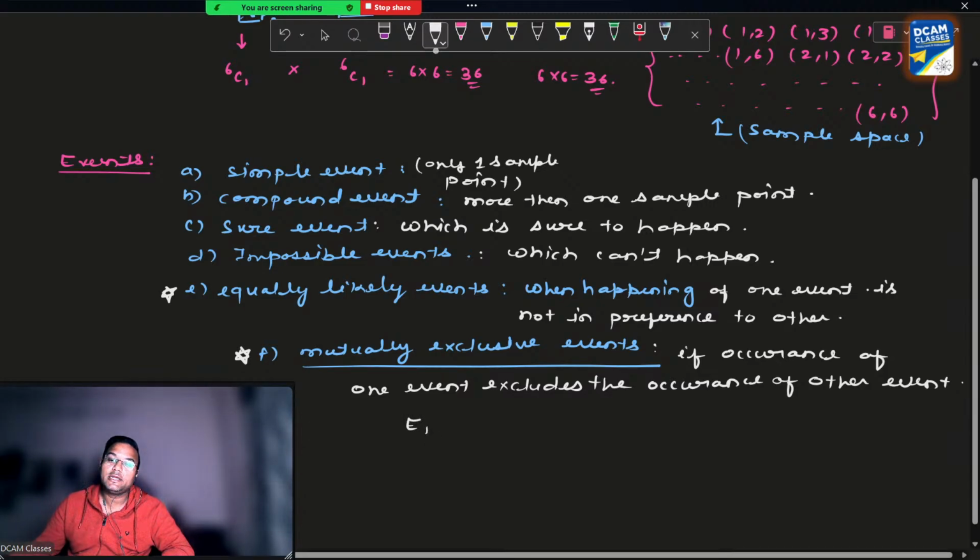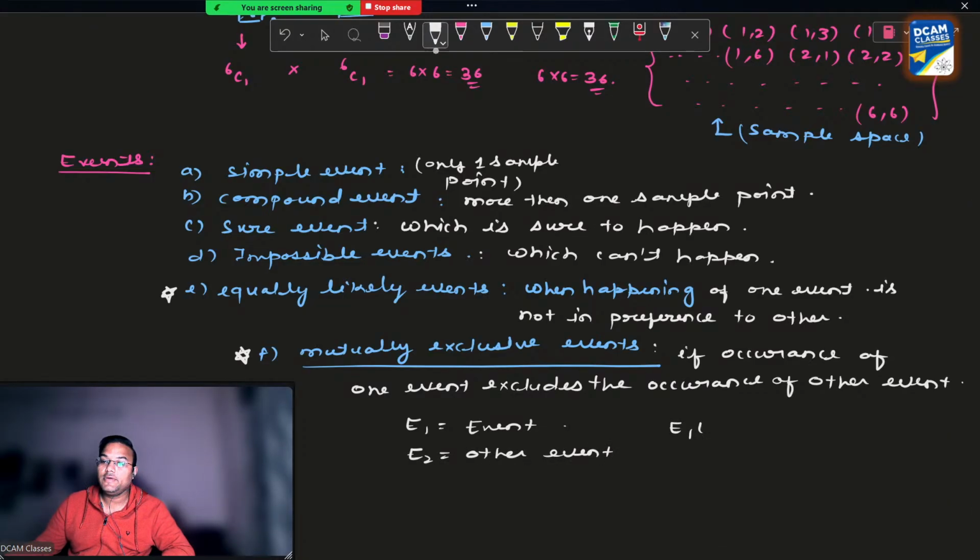If E1 is an event, E2 is another event, then E1 intersection E2 is equal to phi. Means there is nothing in common between events E1 and E2. Let's say E1 is 1, 2, 3.